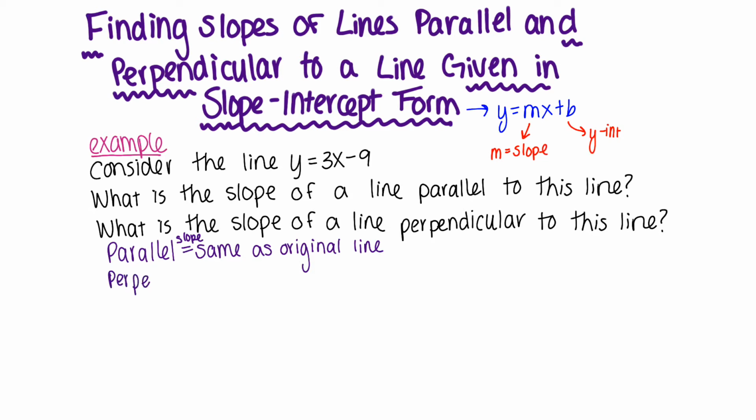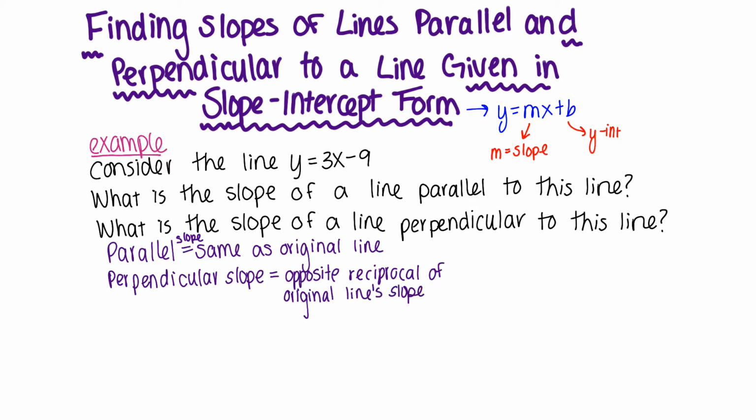The perpendicular slope, on the other hand, is going to be the opposite sign and the reciprocal of the original slope. Opposite reciprocal of the original line's slope.